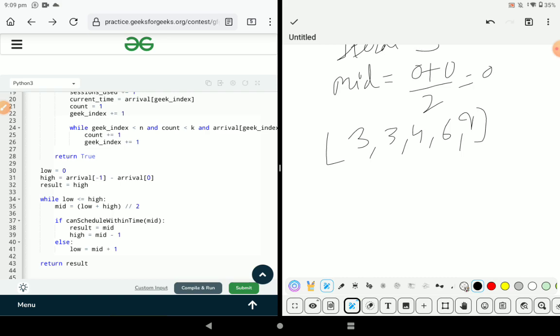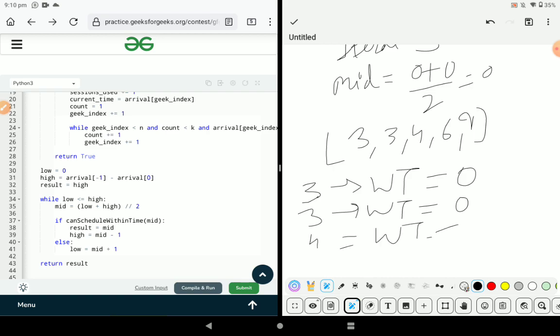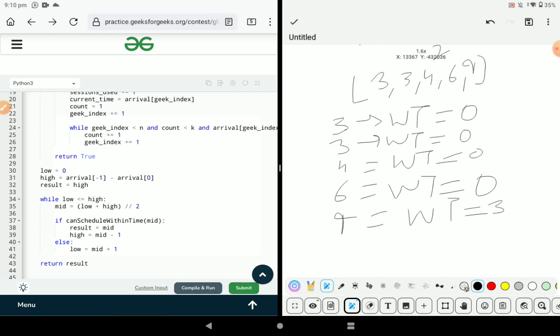So basically for 3 our waiting time is 0, again for 3 our waiting time equals 0, then for 4 our waiting time equals 0, then for 6 our waiting time equals 0, and then for 9 our waiting time equals 3. So the maximum waiting time is 3.